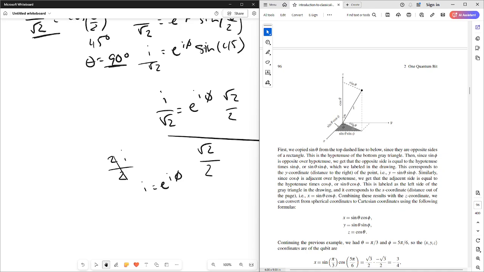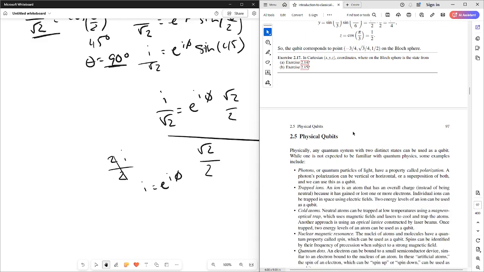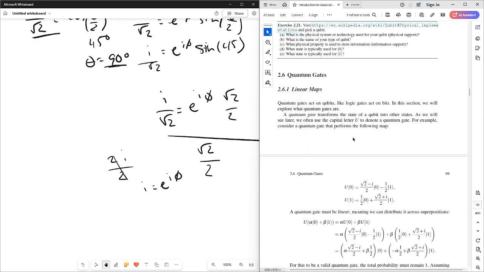The opposite side is equal to the hypotenuse times sine rho. Moving on. I'm not going to waste any brain power on this one. Physical qubits, I'm skipping this section. I don't think there's anything we need to worry about.